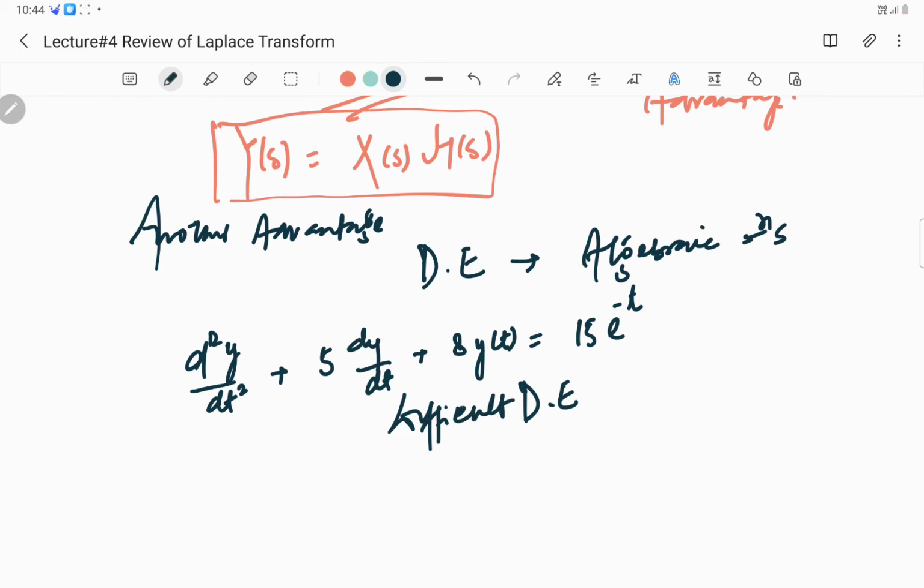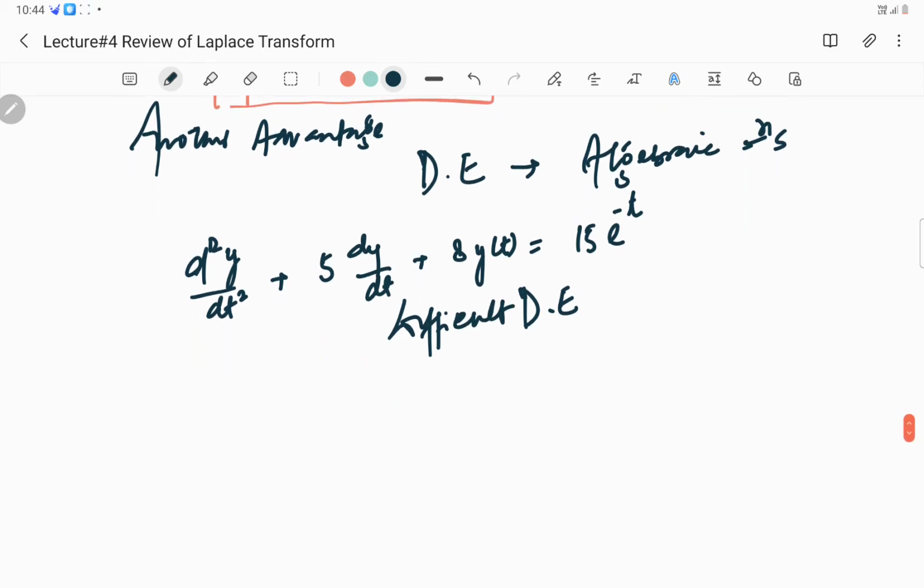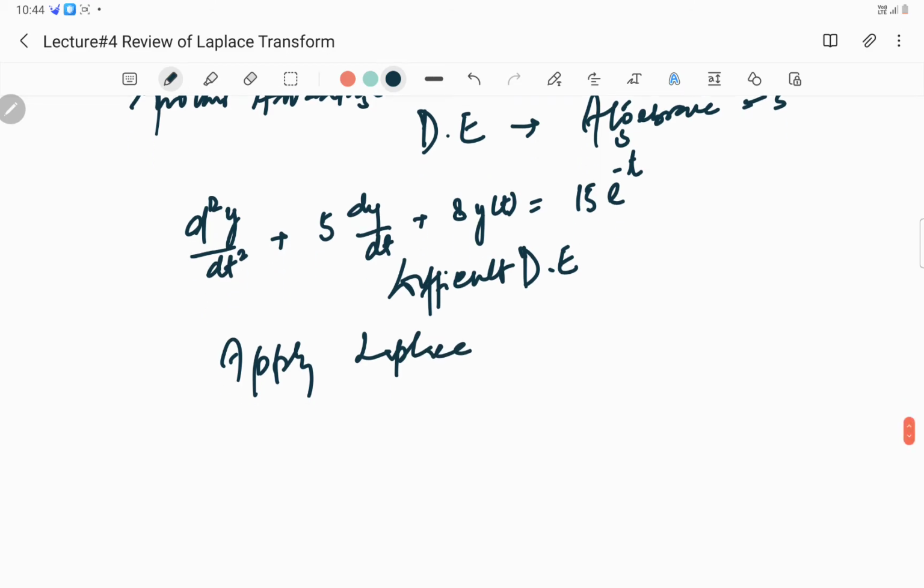So what we do is that we use Laplace transform. When we apply Laplace, this differential equation gets converted into an algebraic equation. For example, it will get converted into s square Y(s). I assume there are zero initial conditions, I neglect the initial conditions.